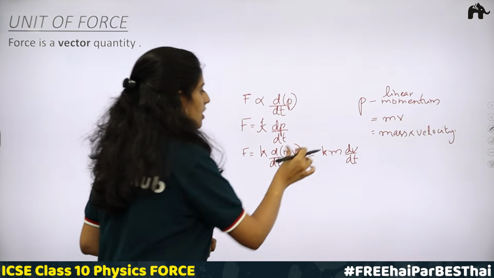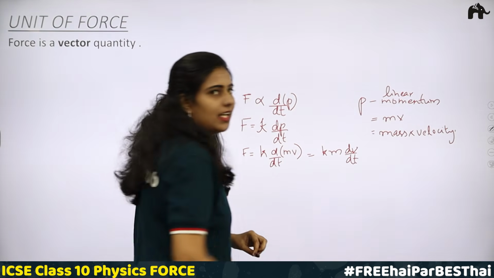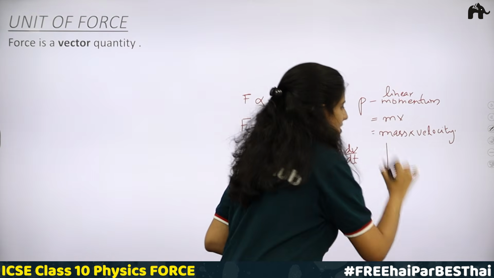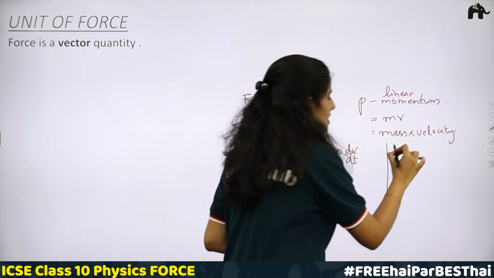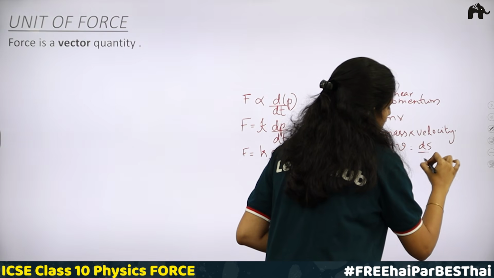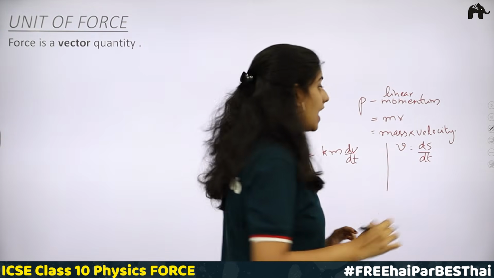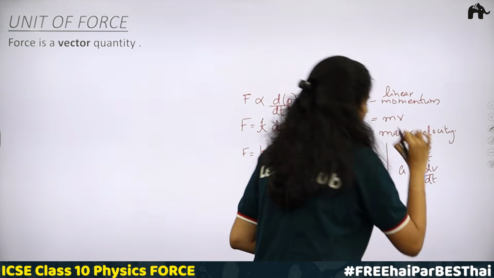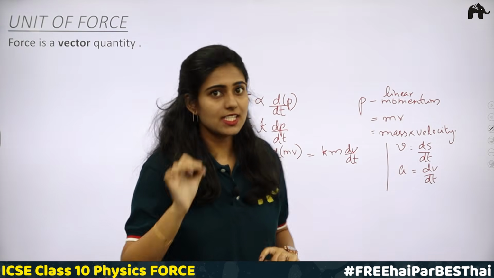Now here, what is dv/dt? It is the rate of change of velocity. We know that velocity is the rate of change of displacement, and the rate of change of velocity is acceleration.